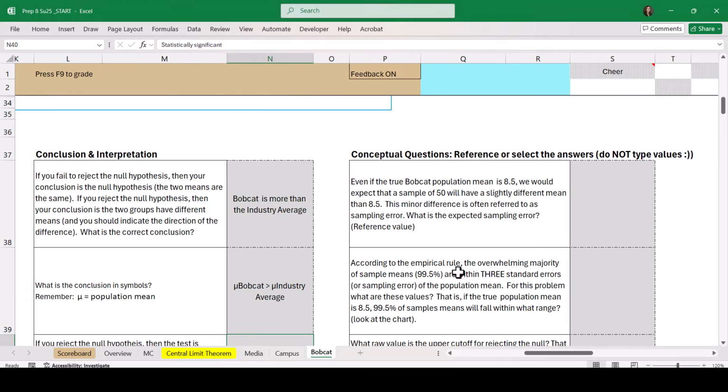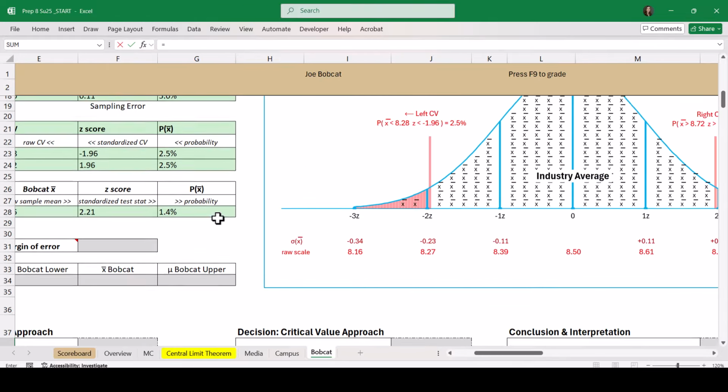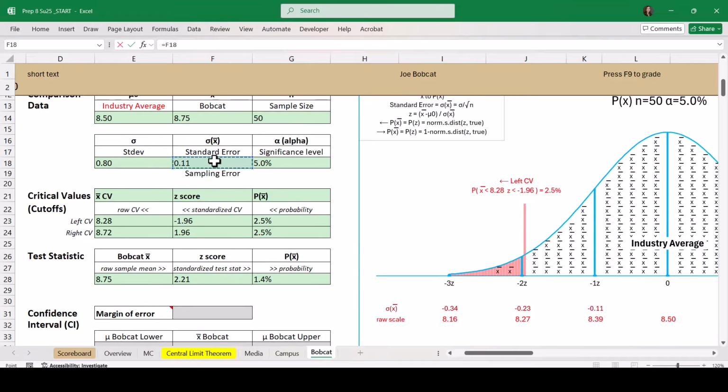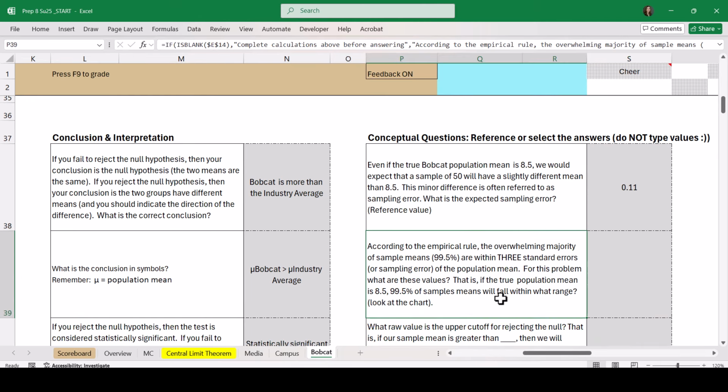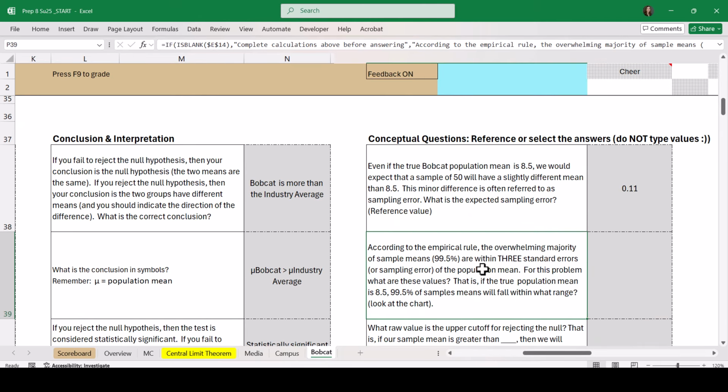All right, now let's answer our conceptual questions. So the first question asks about sampling error. This is our standard error. So remember, the standard error tells us on average how much we would expect a sample mean to differ by the population mean. So we found a standard error of 0.11. And then what percentage is going to be within 3 standard errors? That's 99.5% of samples.